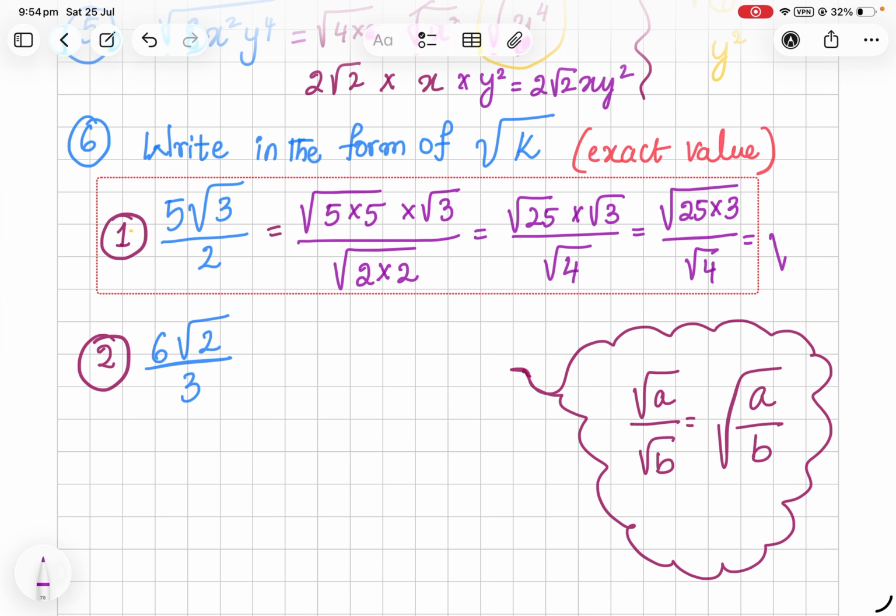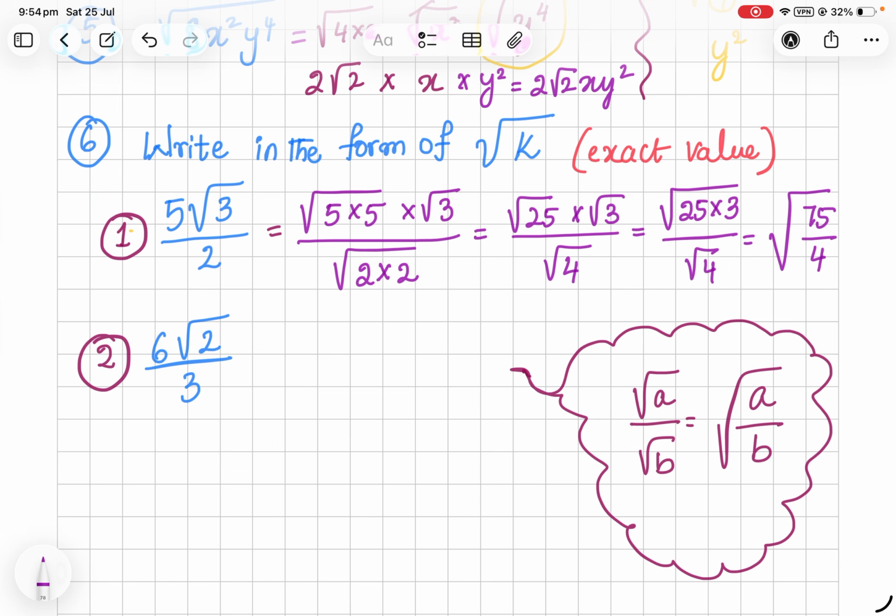So this ends up being the square root of 75 over 4. I skipped a step, but remember it would have ended up as the square root of 75 divided by the square root of 4. So applying the division law, this is your division law of surds. This is what you would have ended up with.